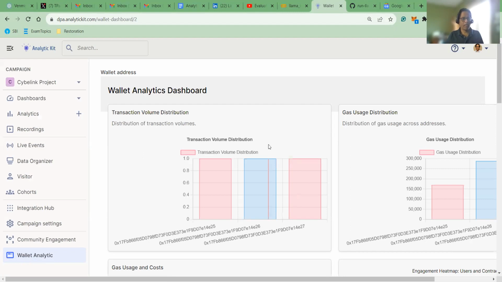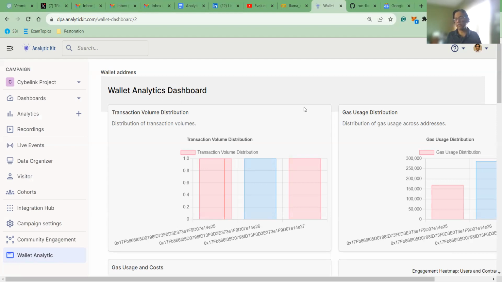Let's talk about what exactly Wallet Analytic is. Whenever somebody comes to your website that you are monitoring using our AnalyticKit SaaS platform, and they use their wallet to log in from their browser, those public addresses will be saved in our backend system, and you can start using that to monitor their wallet analytics.